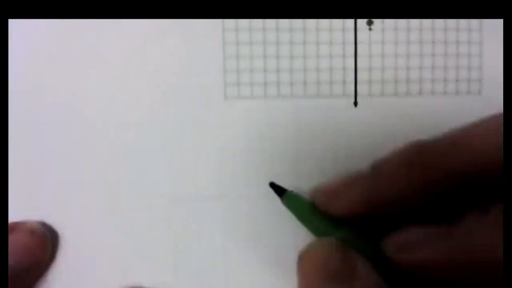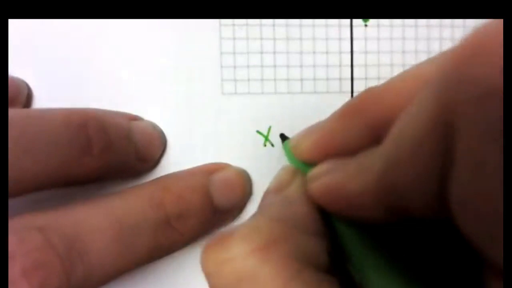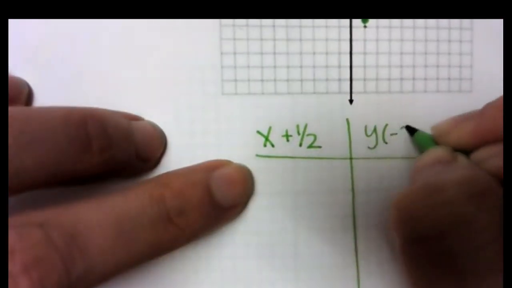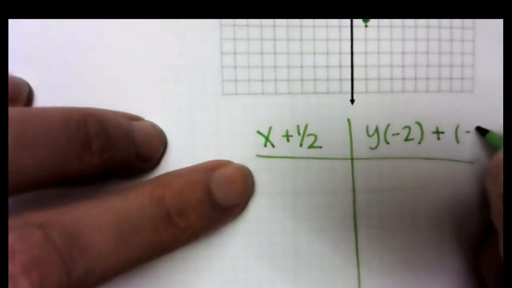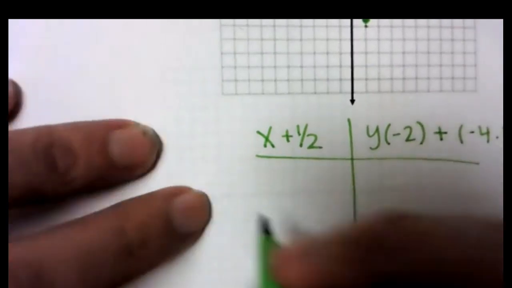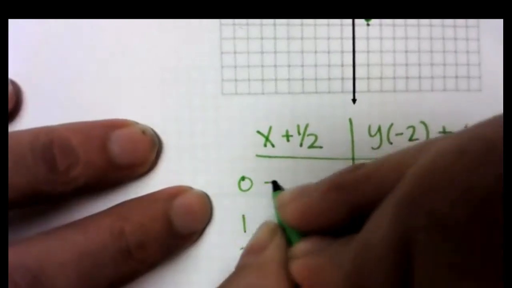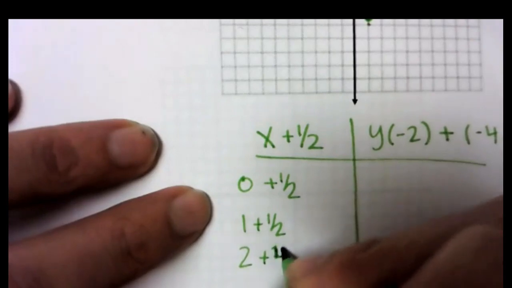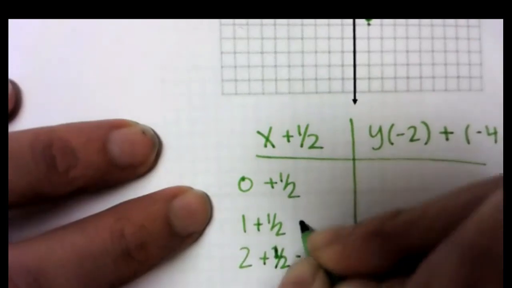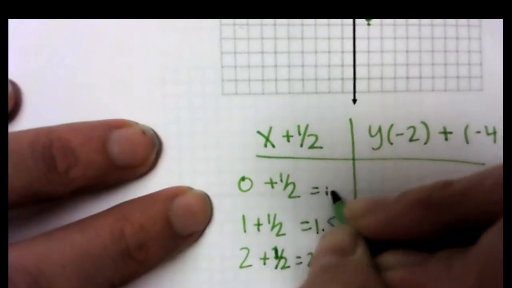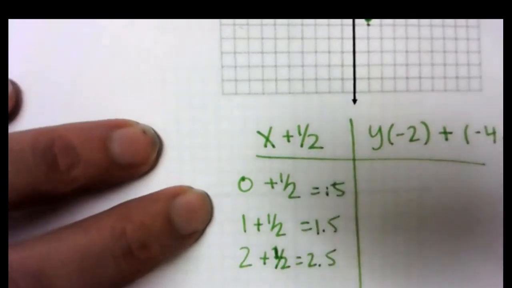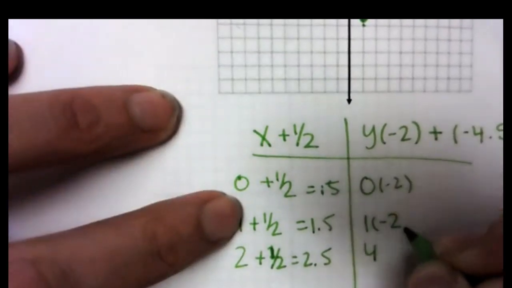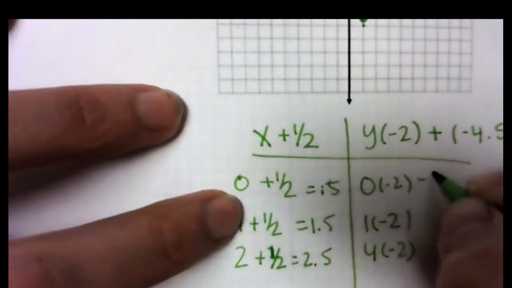And again, you could go back to the table we used to do, which was x plus h, y plus k, and then also 0, 1, 4, negative 2, minus 4.5.